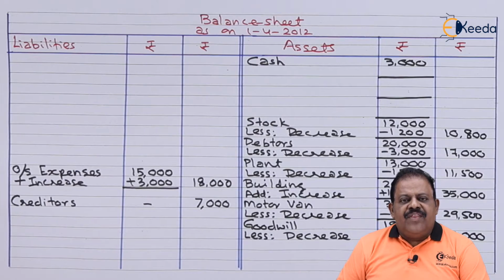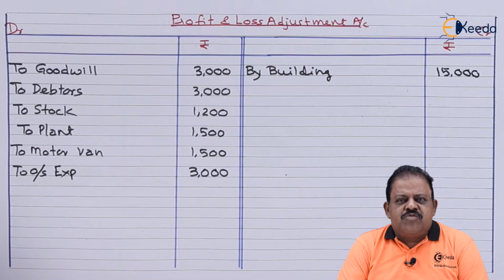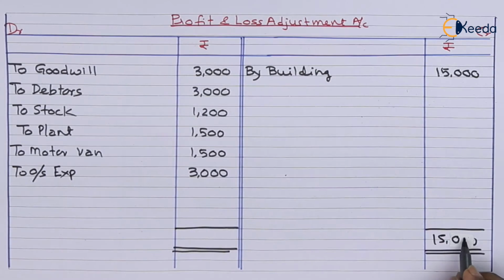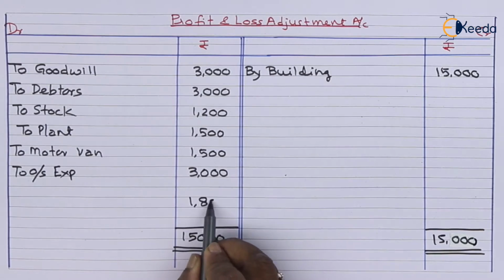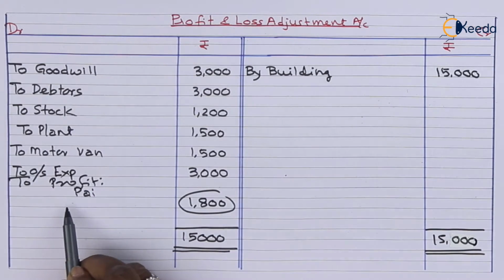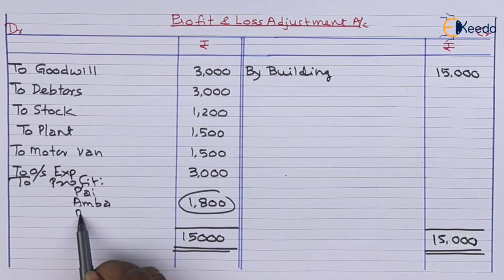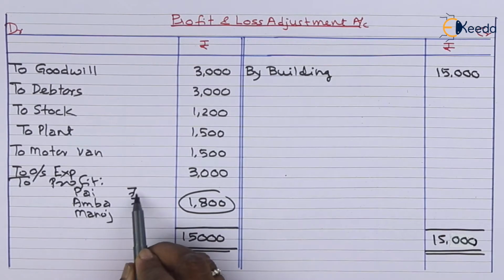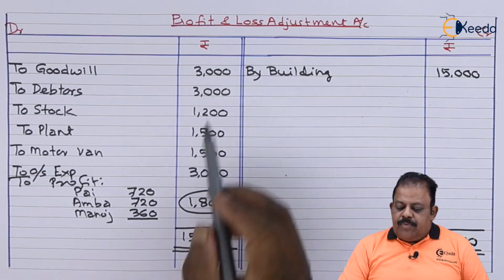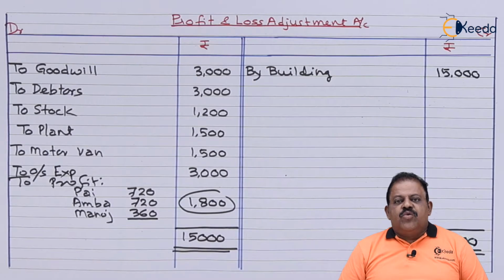Now it is 18,000. We have completed all adjustments relating to revaluation. We can close revaluation account or profit and loss adjustment account. Profit and loss adjustment account is closed.